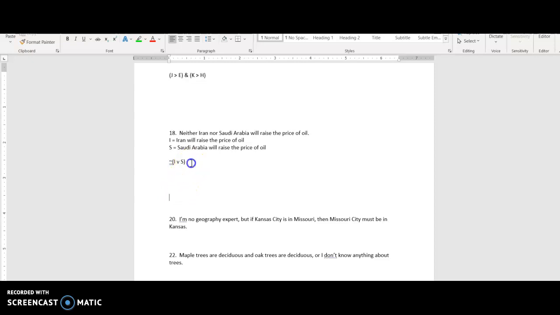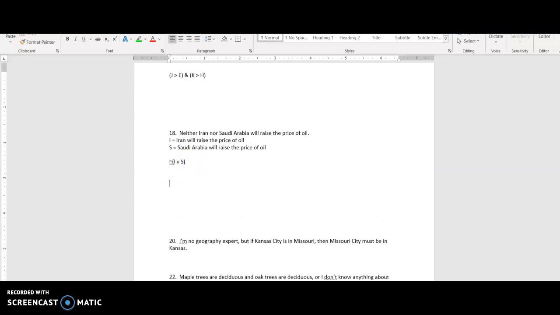Now, some of you are tempted to write or find it natural to write something like this. It's not the case that Iran will raise the price of oil, and it's not the case that Saudi Arabia will raise the price of oil. And that's okay, because these two sentences are equivalent to each other, right?